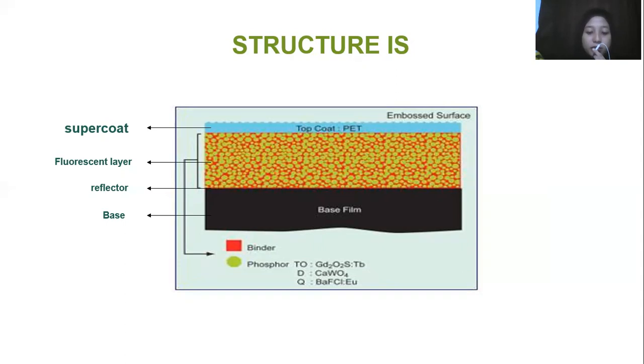And the last is the supercoating, made from cellulose acetate, which covers the entire screen, very thin, 5 to 10 micrometers. It protects the ES layer from abrasion and moisture.